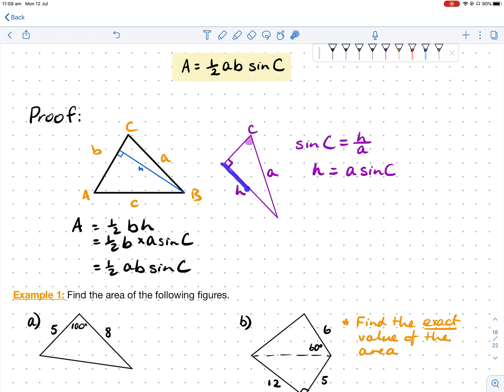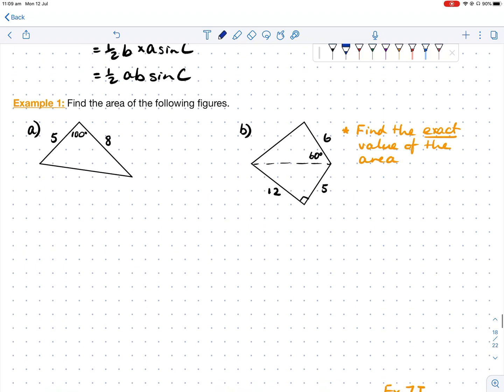If I want to find that perpendicular height, I can just use the sine ratio. The sine of C will give us h over a, so the height we can write as a sine C. If we substitute it into half base times height, we get half times the base, which was b, aptly named, times the height, which is a sine C. And that's where this formula comes from, half AB sine C. What you'll notice is the angle is the angle between the two sides that we're multiplying together, so it's the two sides and their included angle that we're putting together.